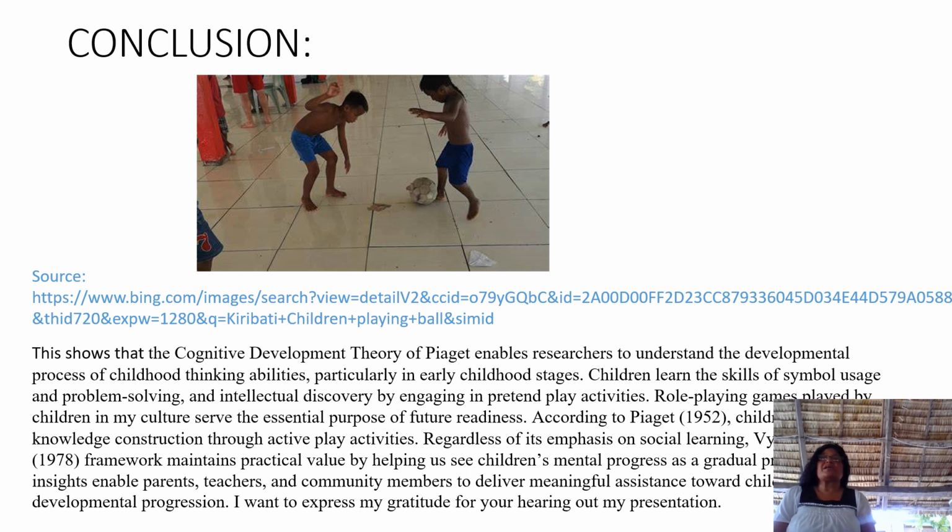Vygotsky's 1978 framework maintains practical value by helping us see children's mental progress as a gradual process. New insights enable parents, teachers, and community members to deliver meaningful assistance towards children's developmental progression.